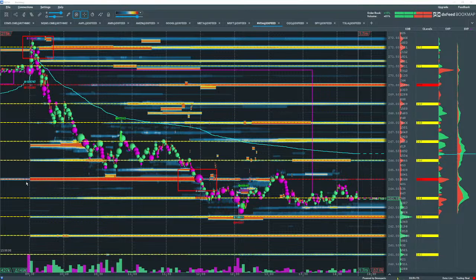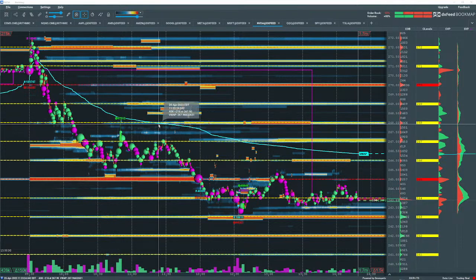Notice all the liquidity at that level. As price heads down, those are passive buy orders, limit buy orders. So that's the setup on NVIDIA.